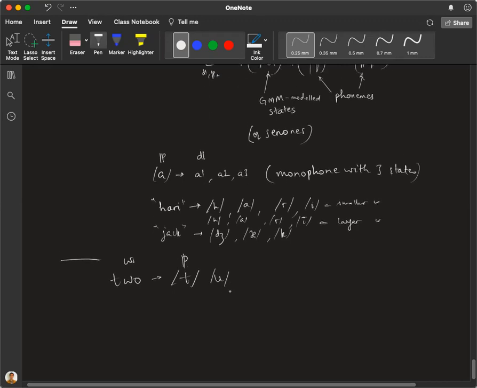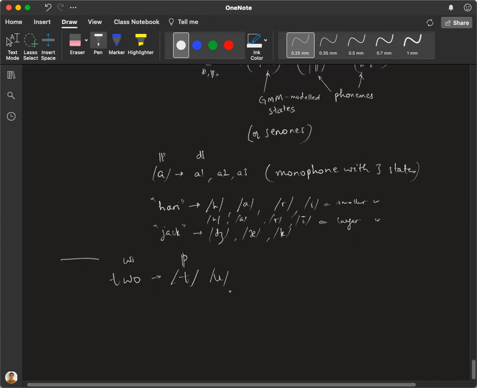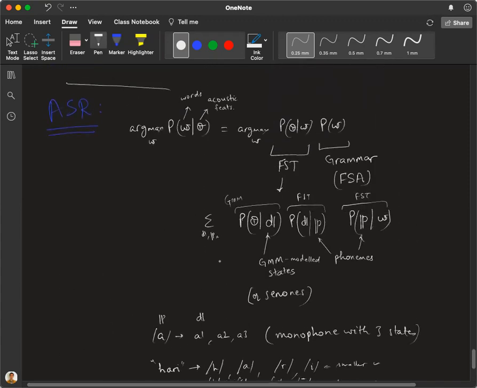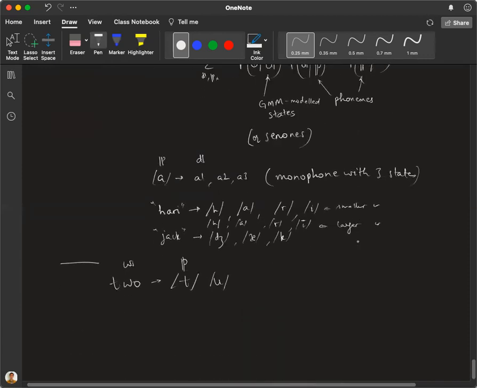So how does my finite state machine look like? This finite state machine models this part: probability of phonemes given W, or W given phonemes. They are both equivalent.